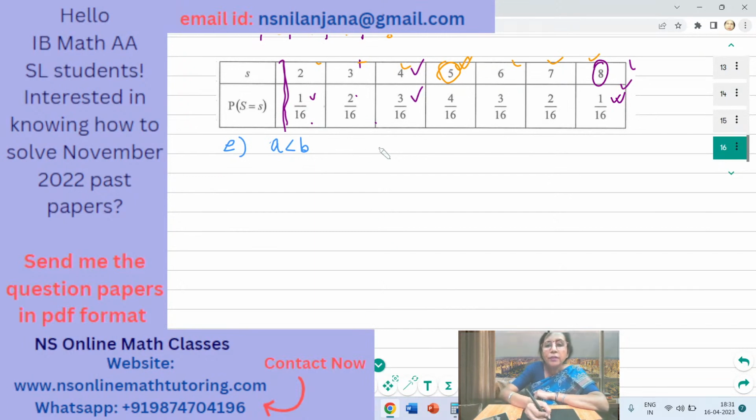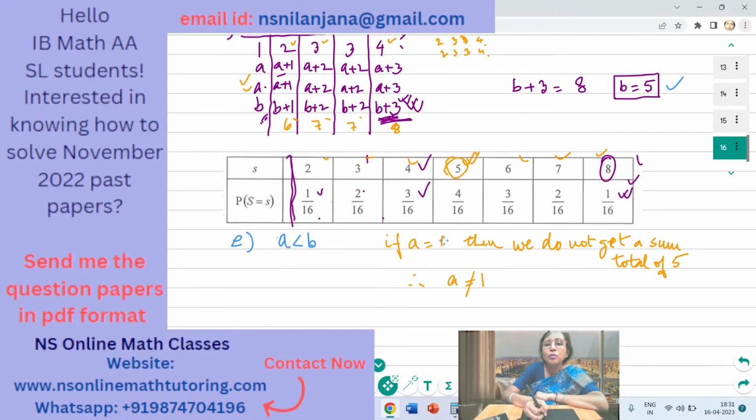If A is equal to 1, then we do not get a sum total of 5. Therefore, A is not equal to 1.